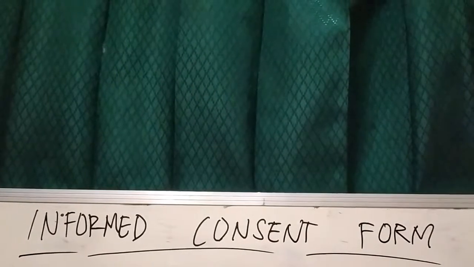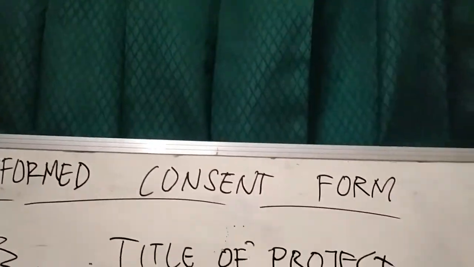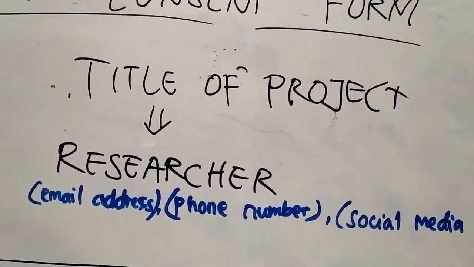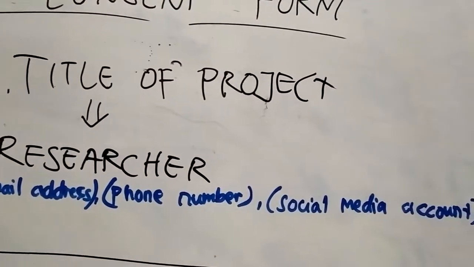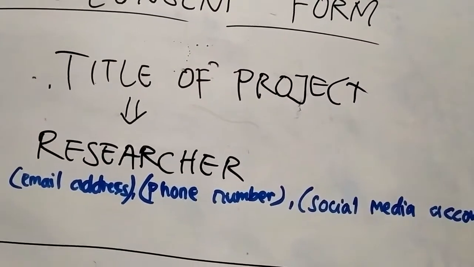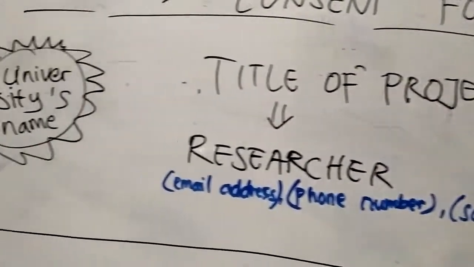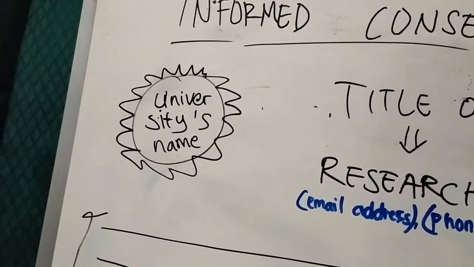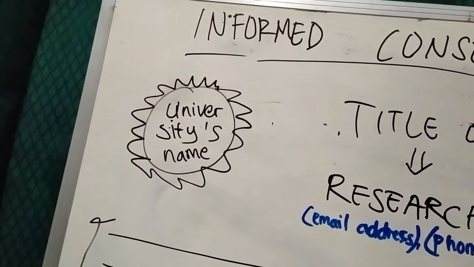This is an illustration of an informed consent form. So there will be the title of the project, and then the researcher's name, followed by email address, phone number and social media account. It will be very useful for the participants to contact the researchers. And then there will also be the university's name, which is the identity of the university or institution of the research.